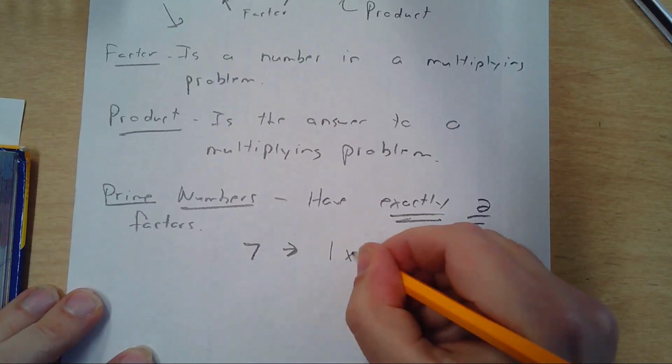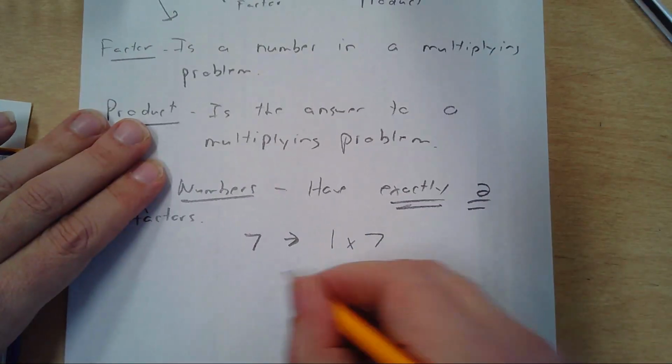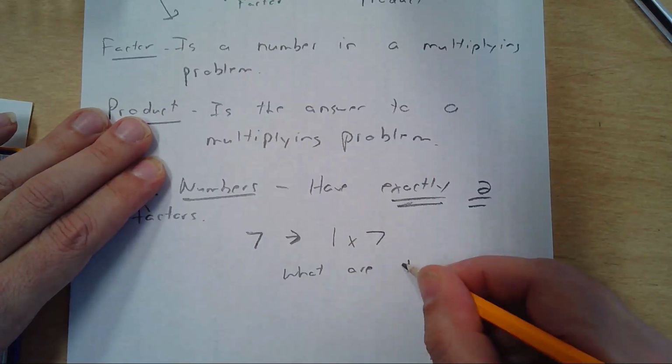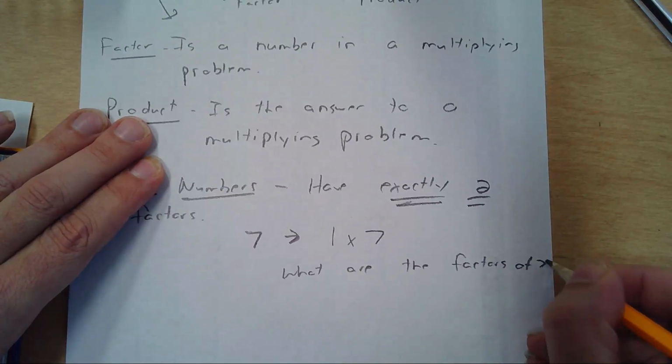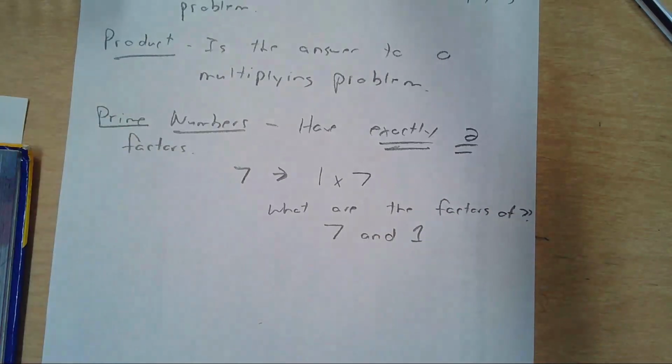The order I write it doesn't really matter. What else? That's kind of it, right? So if I say, what are the factors of 7? You would say 7 and 1, or 1 and 7, doesn't matter, because that's it.